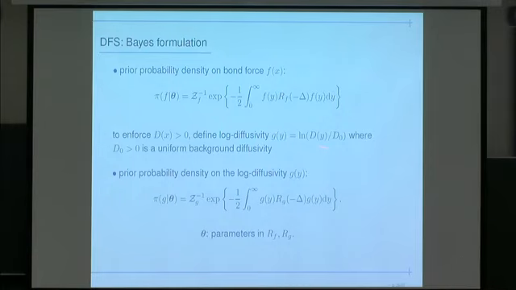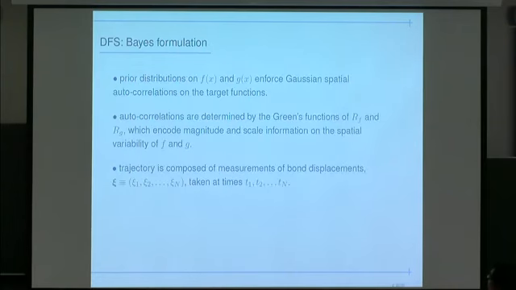Diffusivity is positive, so I'm going to take this g that runs from minus infinity to plus infinity if I take the log. So my regularization terms will be in f and in g. So I have two: this is the bond, this is the diffusivity. The prior distribution is just to enforce Gaussian spatial correlations. That's it, right? And we have to tune those parameters.